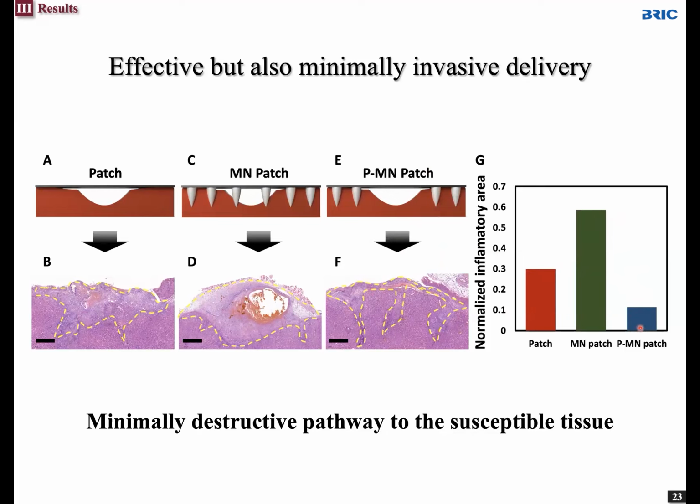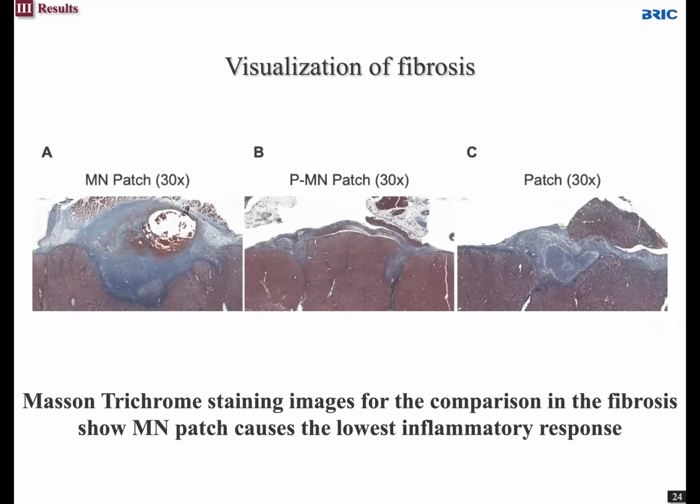So now we can conclude that the microneedle is quite disruptive when applied to damaged tissues. Also, the Masson's trichrome staining images here show further validation of how we selected the criteria of the inflammation area, by showing the collagenous fibrosis in the skin tissues.